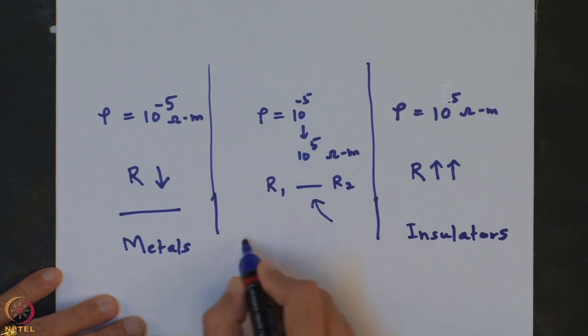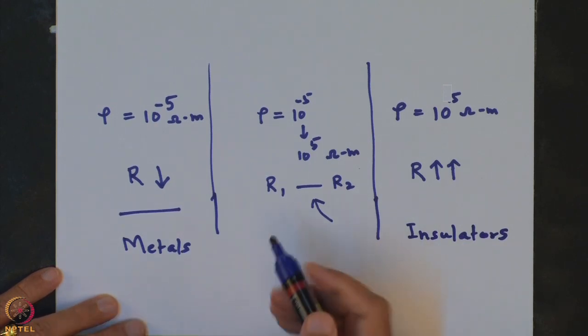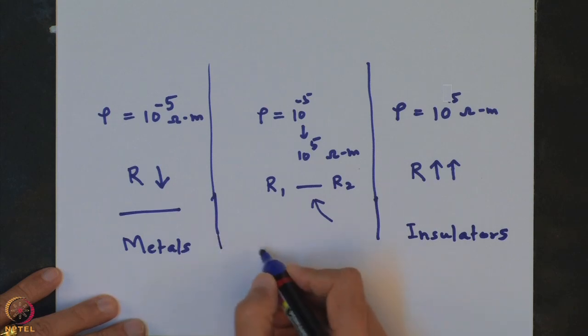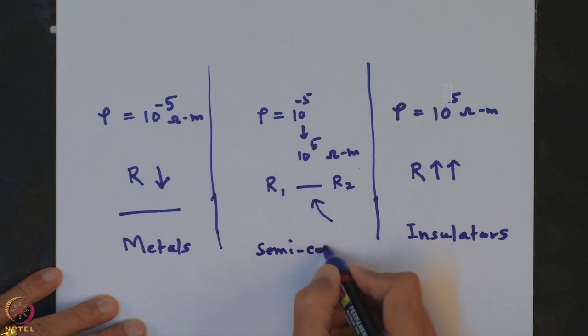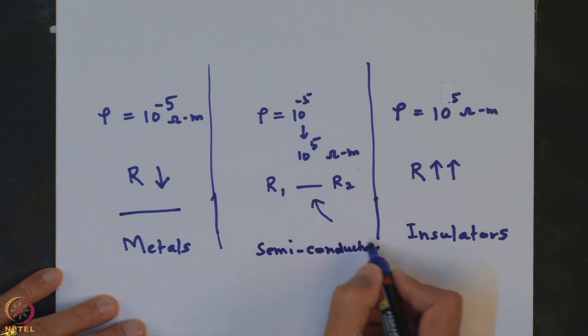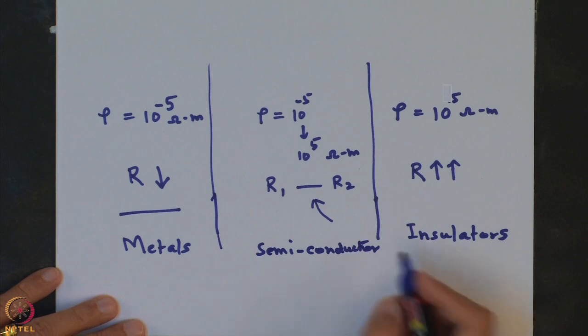And in between these two, this intermediate category, it is common to call this as semiconductors. Some people also call them as semi-metals.